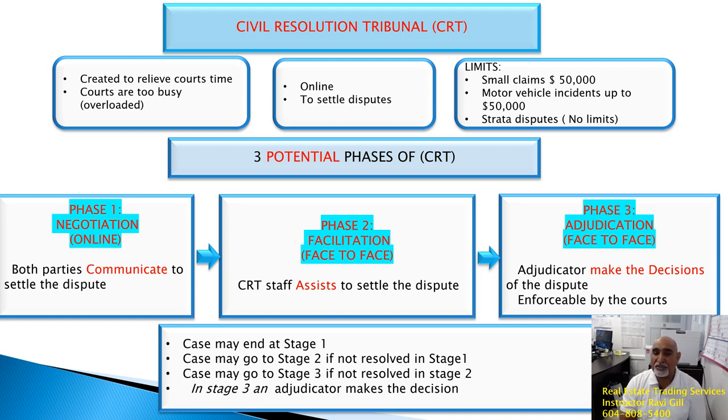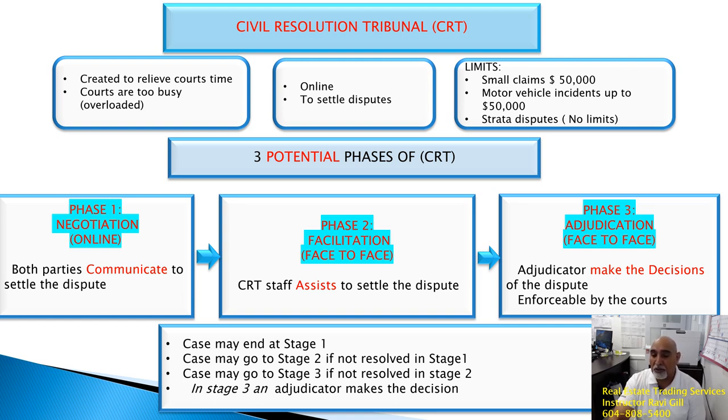Phase one is communication of both parties to settle the dispute. There will be staff assisting, but really it's both parties communicating and resolving. The case may end at stage one. You notice it says three potential phases. It could finish at phase one and may not go to phase two. If it gets resolved in phase one, done.